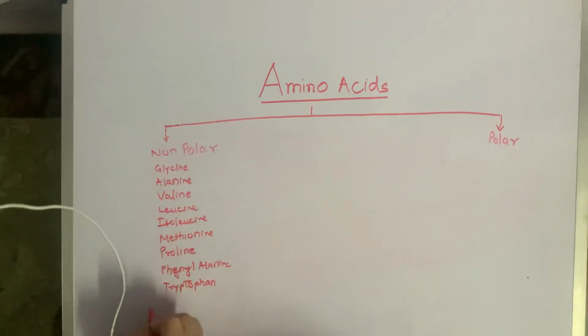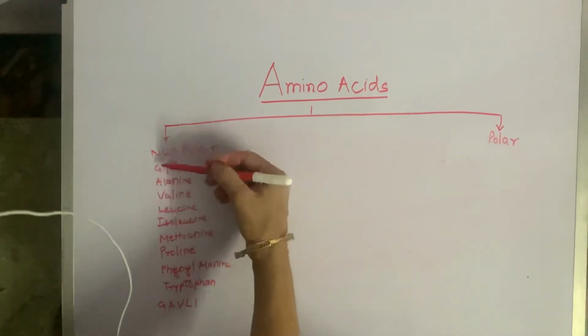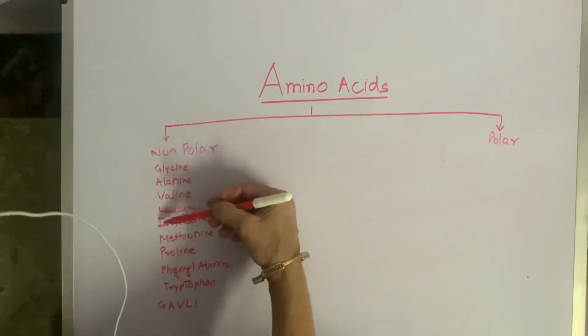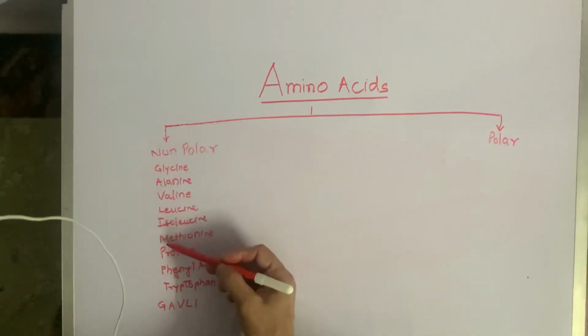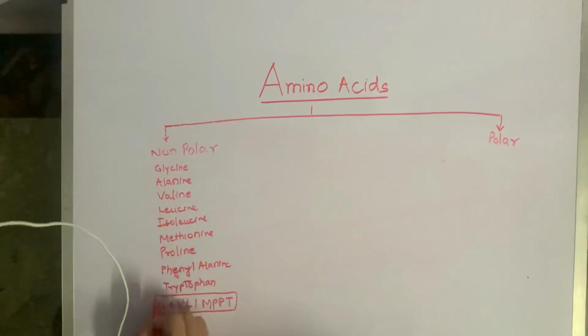So, we can make a secret code word for them, that is G A V L I. Now, we write for the rest M P P T. For our convenience, we just remember GAVLI MPPT.